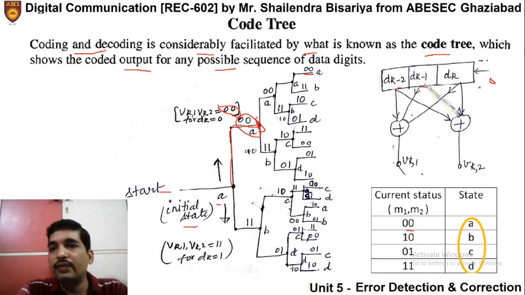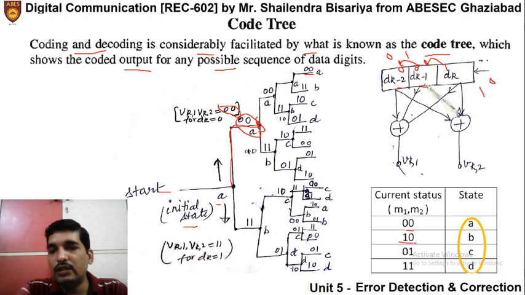And if a 1 is coming here, initially it was 0 and 0, right? Now this 1 will shift here and this 0 will shift here, so reading from this side to this side, I will say that it is 1 0.